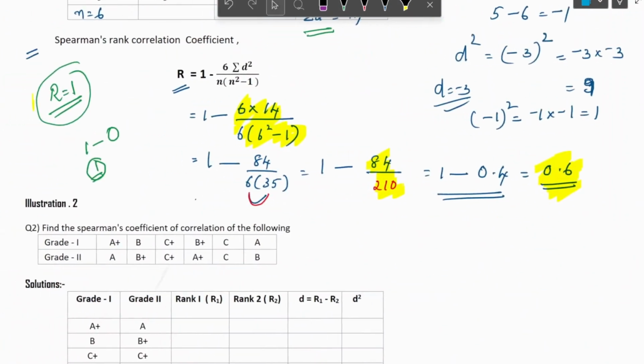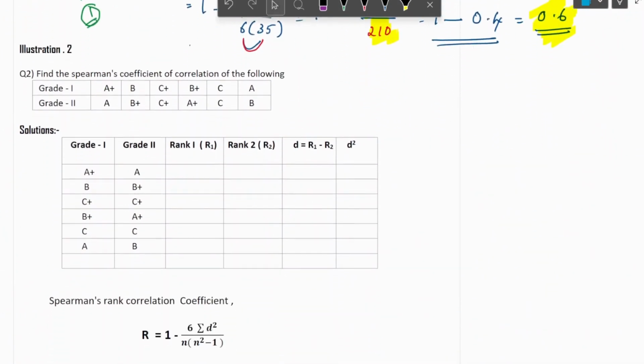Now, the second part, see here. Consider this question: find the Spearman coefficient of correlation of the following. What is given? It is not given in rank. It is given in grade. Just imagine these are the grades assigned for a particular test to particular students: A plus, B, C plus, B plus, C and A. That means here you need to make a grade table.